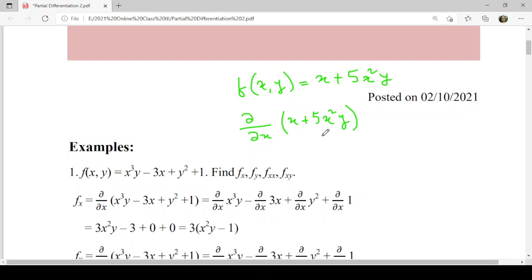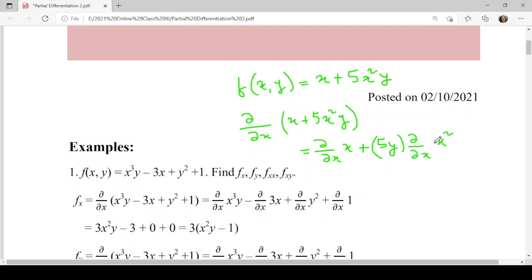So the derivative with respect to x: d/dx of x plus 5y, which you take outside because it doesn't have any function of x, times d/dx of x square.